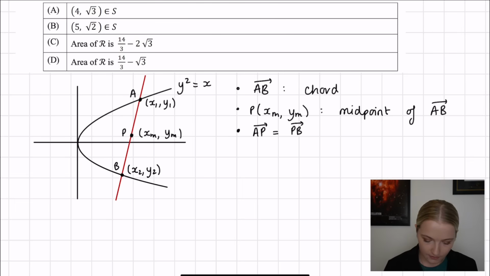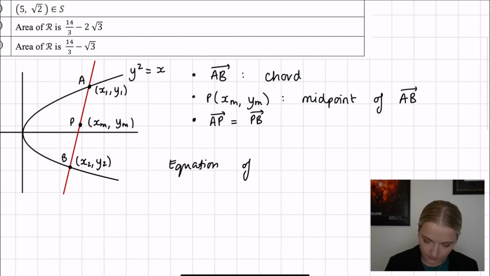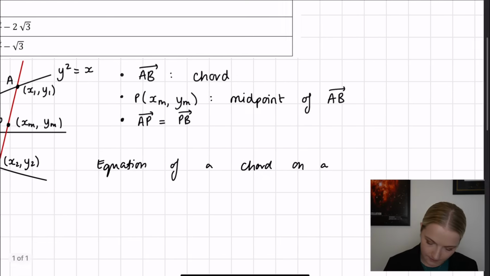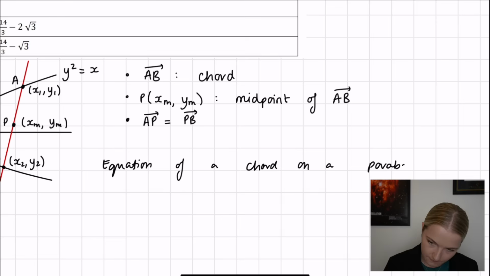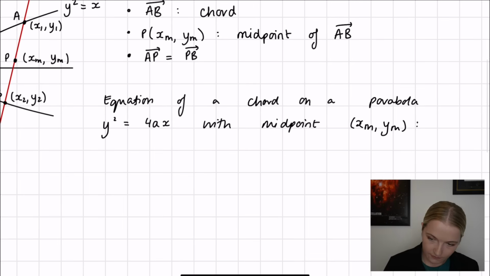So we have a chord, and you might remember that, and I'll write it here, the equation of a chord on a parabola y squared equals 4ax with the midpoint xm, ym, well, we have this expression for it.